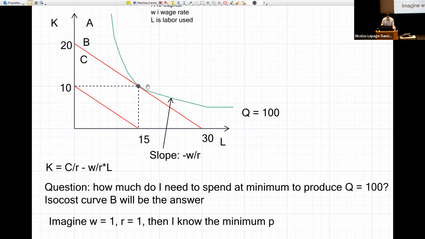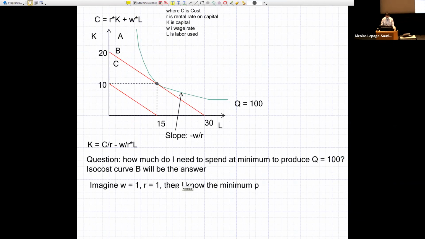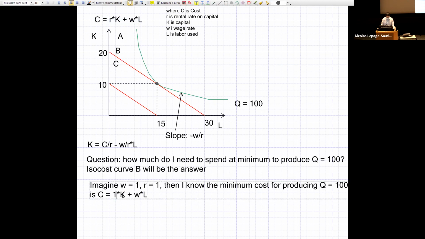So the answer: the minimum cost for producing Q equals 100 is C equals R times, so 1 times 10 units of capital, plus 1 times 15 units of labor. So that's 25.